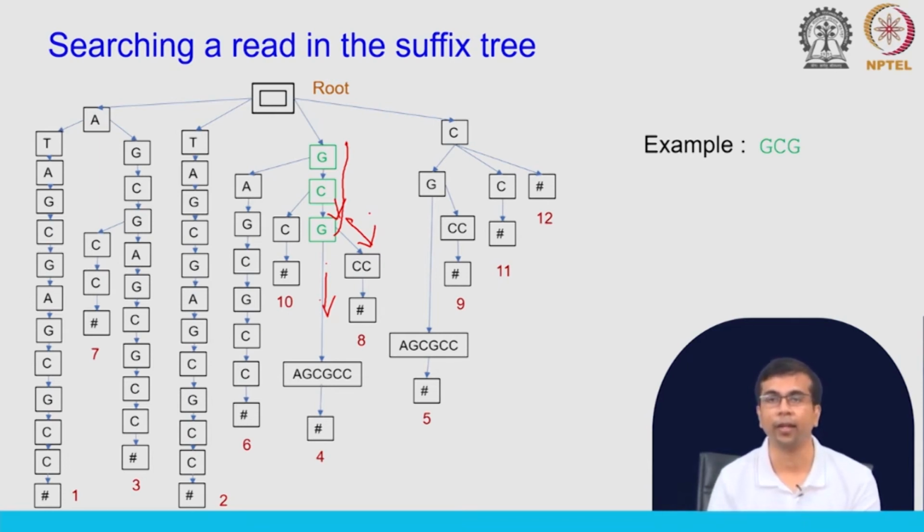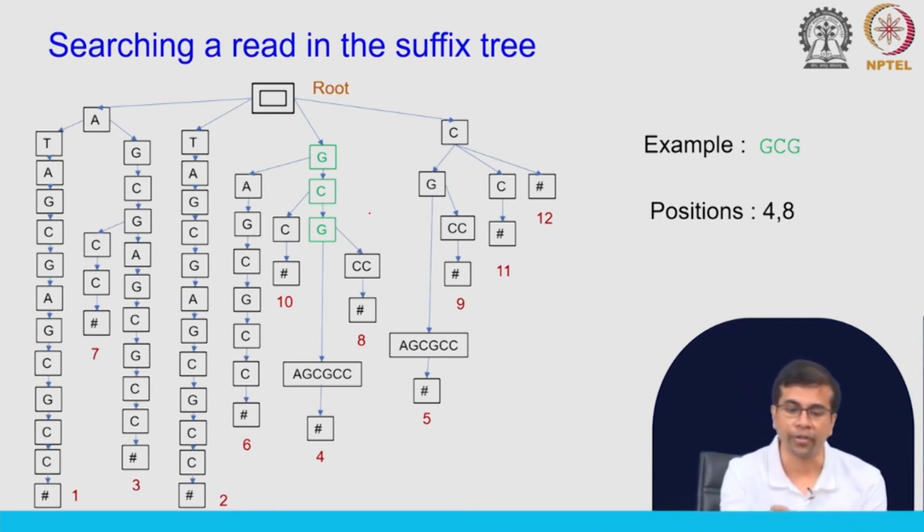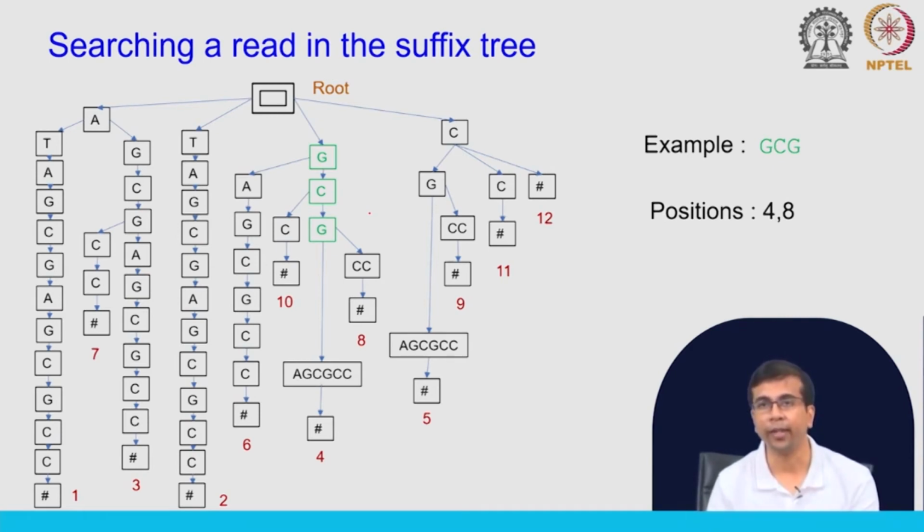The structure is such that these repeat sequences will overlap. So, you can then identify that there are two positions where we find this read matching, position 4 and position 8, because we have two paths going through these nodes. So, searching for repeat sequences is actually very easy in this kind of structure. You do not have to worry about repeating this process multiple times across multiple paths like we do in hash table based algorithms.